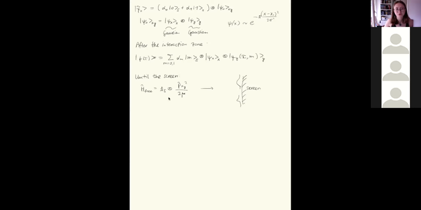So for the free evolution part, you don't need to do the whole calculation explicitly. Just estimate what's going to happen and give a qualitative answer.